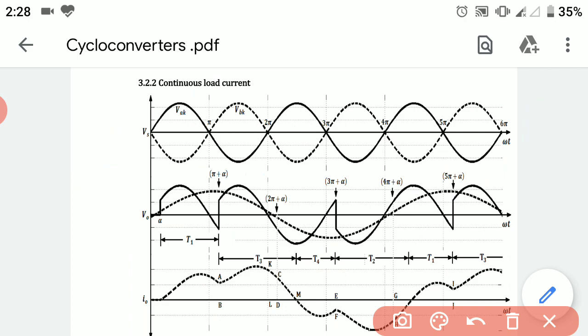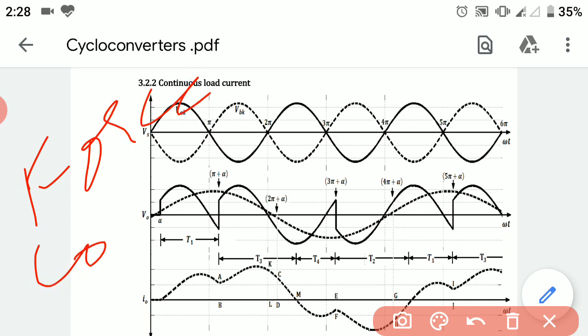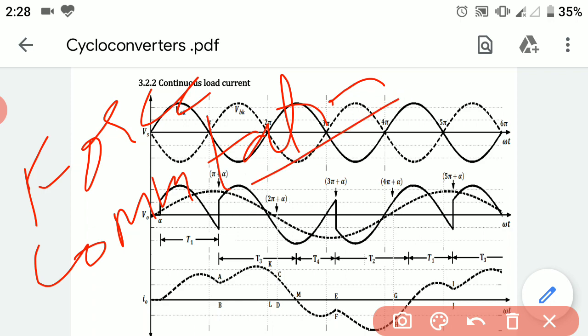We have to just apply the forced commutation process, forced turn off process, rather than using a natural commutation process.